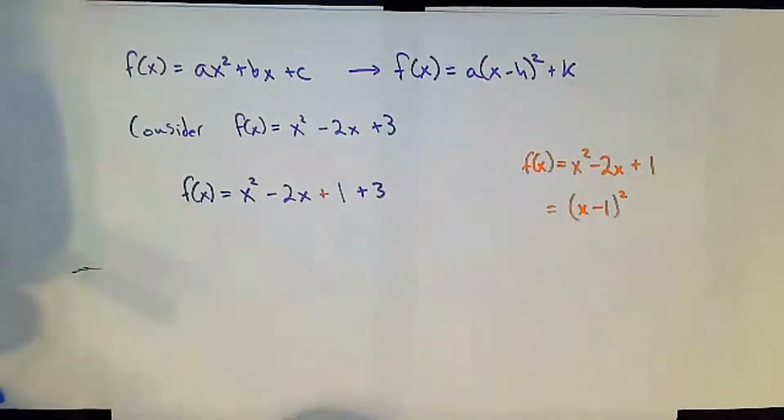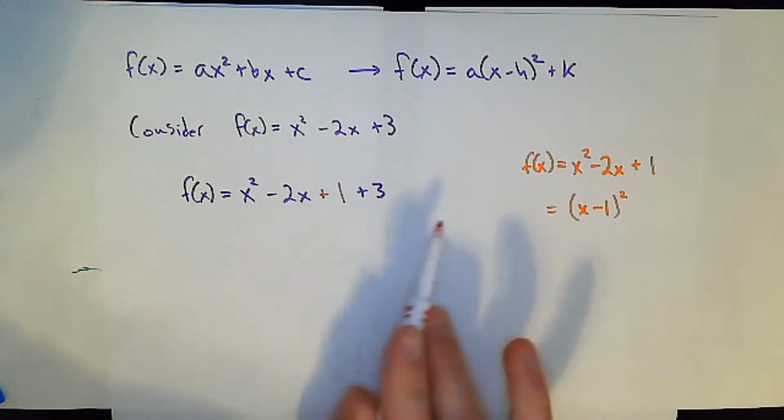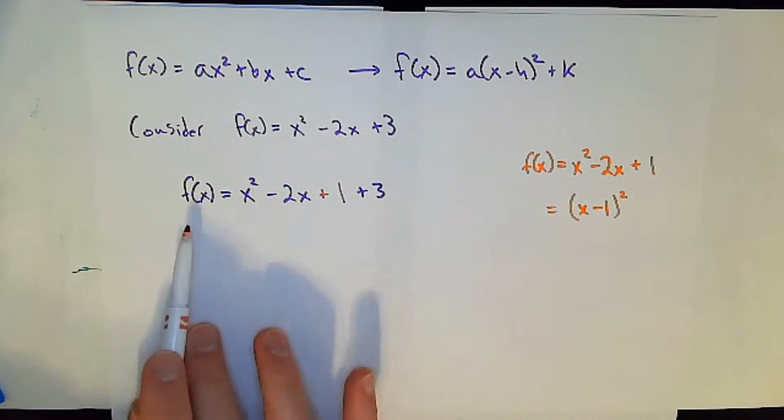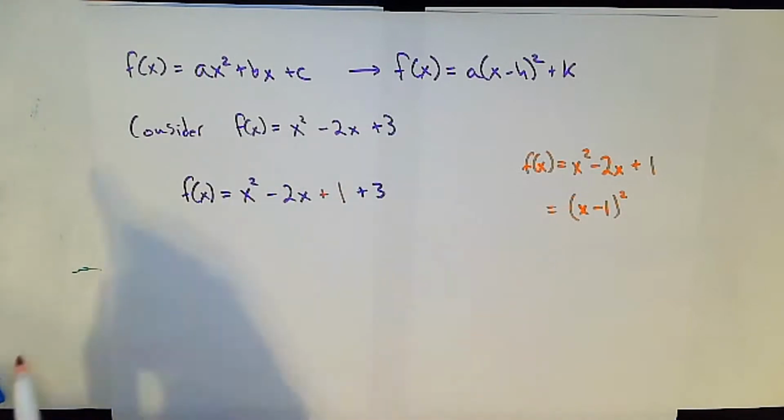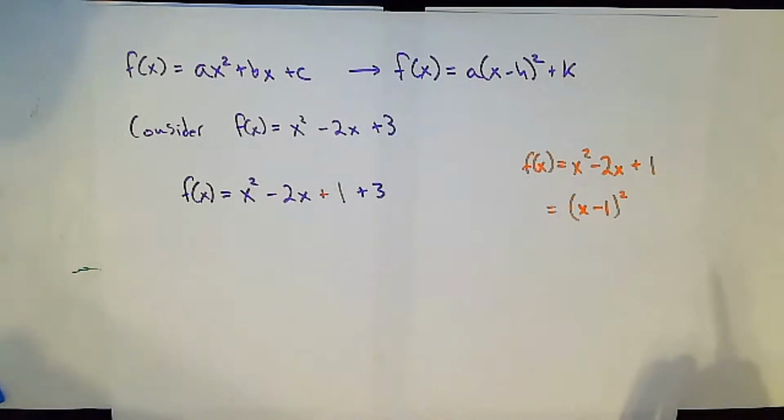Now, as I've written it here, this is not a legitimate thing to do. You can't just add to a function whenever you want. What do I have to do in order to bring balance back? Because I've unbalanced this. It's no longer the problem I was given. Well, if you add 1, subtract 1.